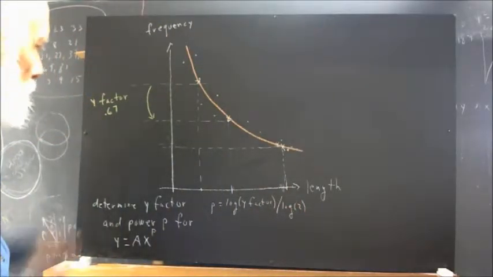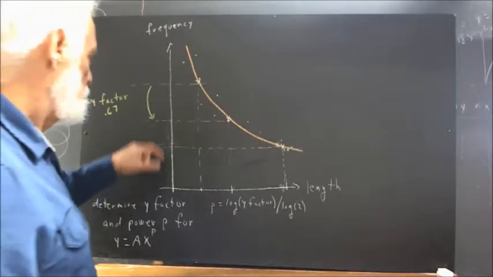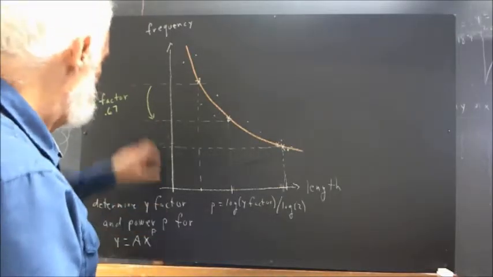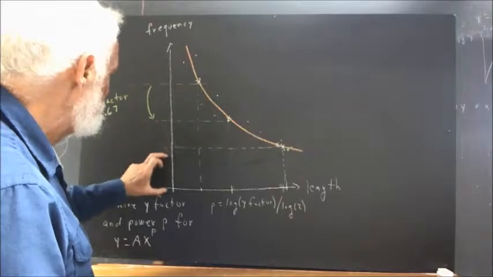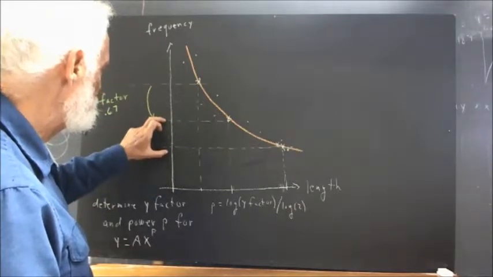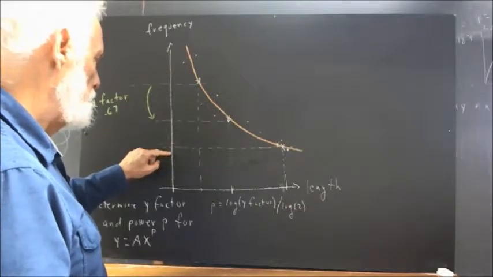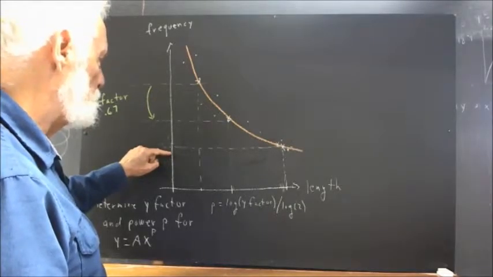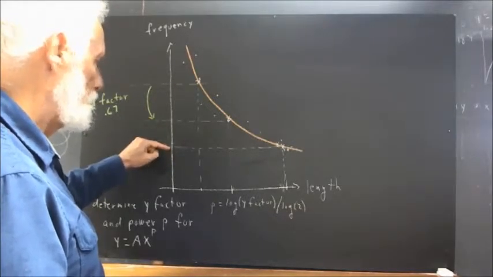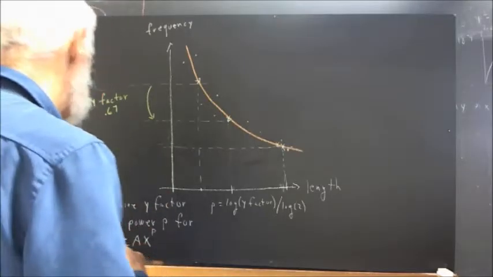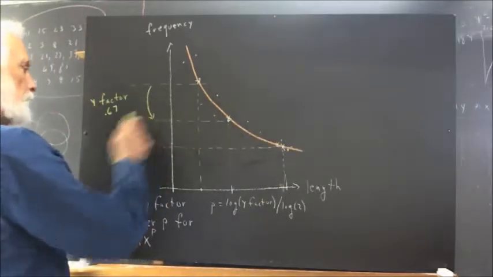Okay. Now let's look at what the ratio is here. If I take half of this, it should be more like here. Okay, so here's half, and if this is 0.5 of this, then I think that's really pretty close to 0.6. So I think my factor is 0.6.